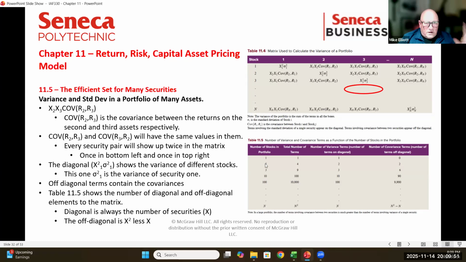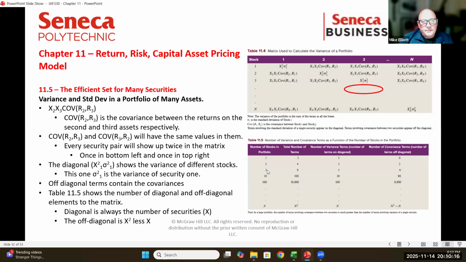So if we have one stock in the portfolio, we have one term, we have one number in the diagonal, and the number of covariances is 0 because we only have one stock, right? We have two stocks, we're going to have 4 boxes in the matrix. We're going to have 2 variances calculated because we only have 2 stocks, and we're going to have 2 covariances calculated.